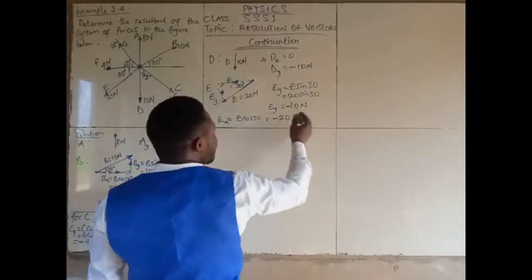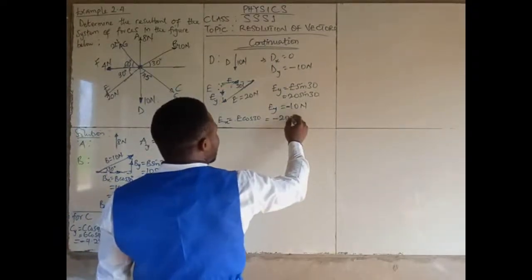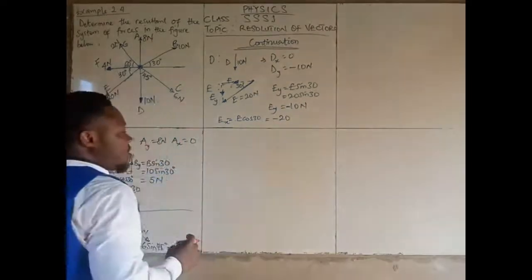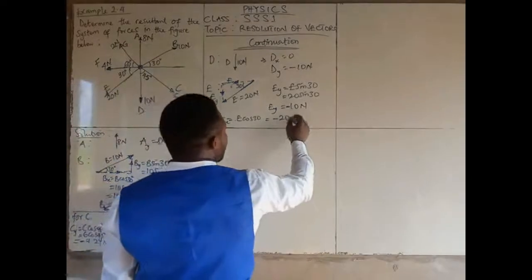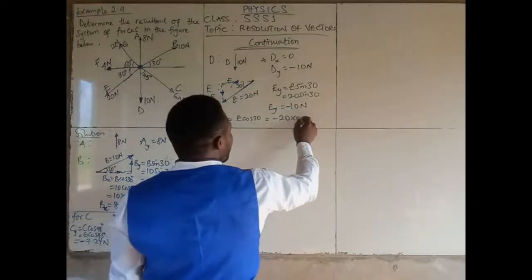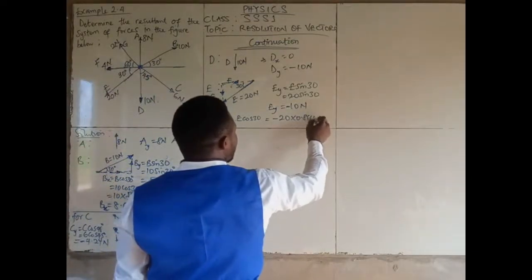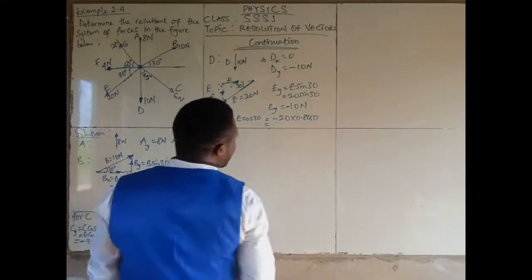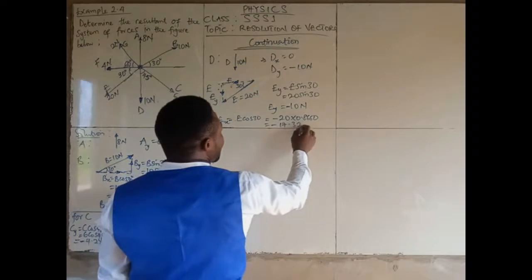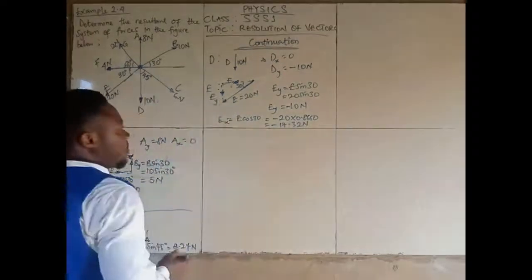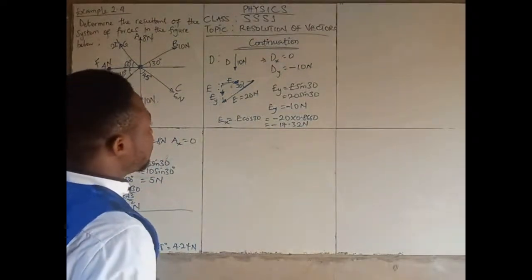Cos 30 is 0.8660, and 20 times 0.8660 will give us minus 17.32 Newton.